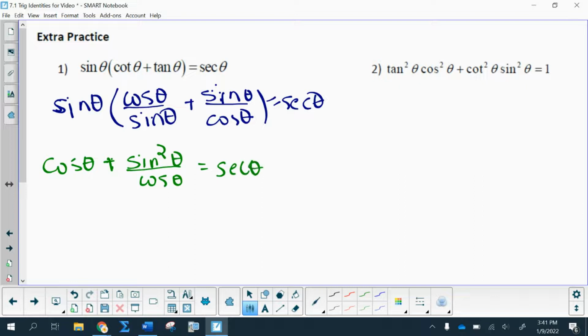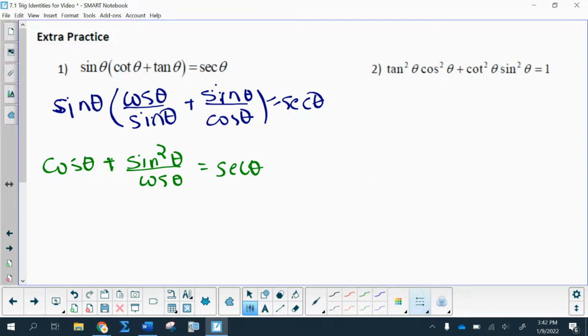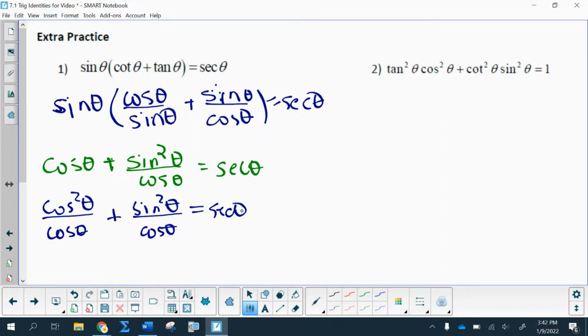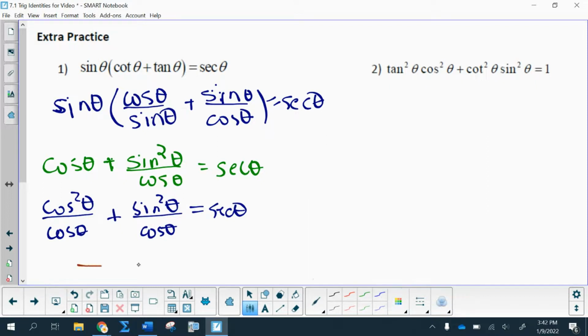So now I'm going to get a common denominator. This is another common or helpful thing to have in your back pocket, is to think about changing everything into a common denominator. So my common denominator here will be cosine, which means my numerator of the first fraction will become cosine squared. And then I am going to write it as one fraction.